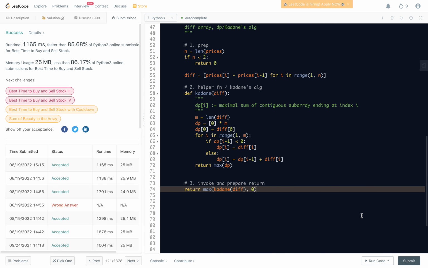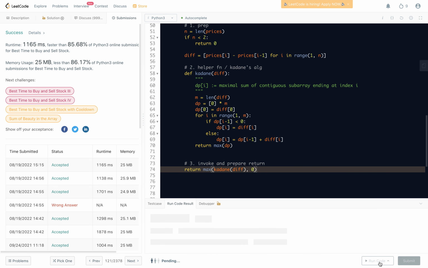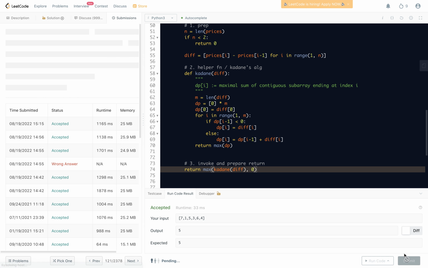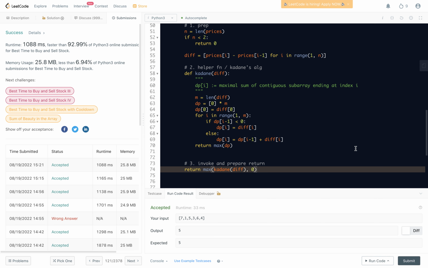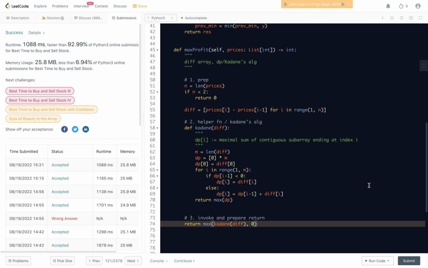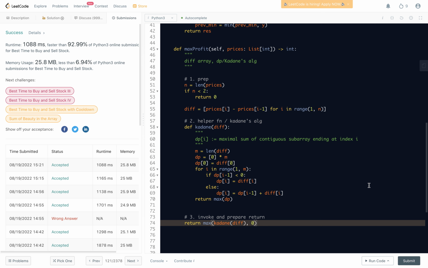Now let's do a special case check. Oh yeah, it passes the first example. Now let's look at the generic case. Yeah, it passes the generic case. So with the second solution finished, we achieved our goal.